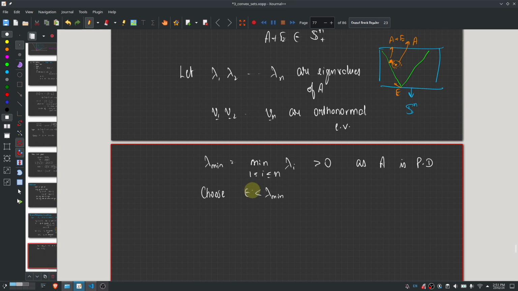Okay, so I fix any arbitrary epsilon less than lambda min and say that matrix E is symmetric and the trace of E transpose E is less than or equal to epsilon.